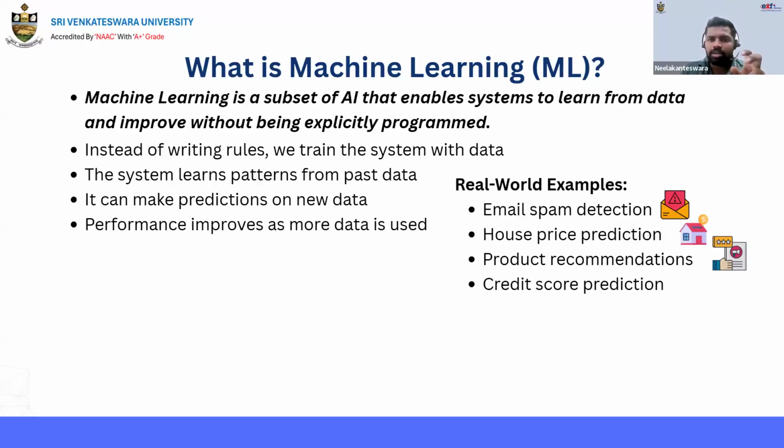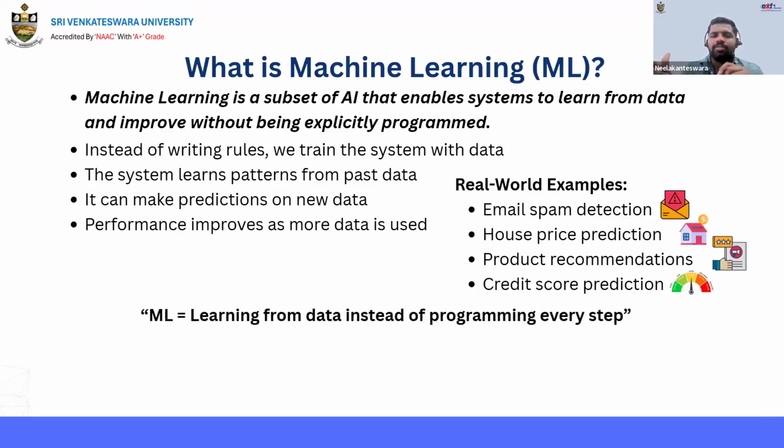How do they recognize all those things? How do they know you are interested in that particular product? All are powered by machine learning algorithms, and we can use it in credit score predictions also. Finally, machine learning is nothing but learning from the data instead of programming each and every step.